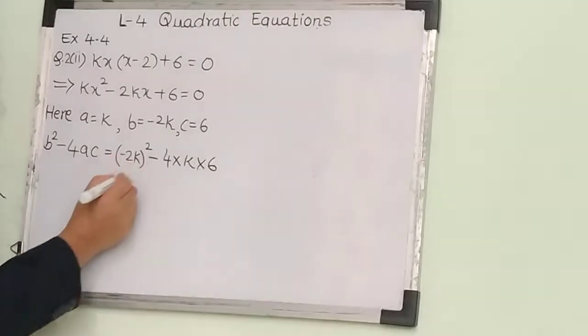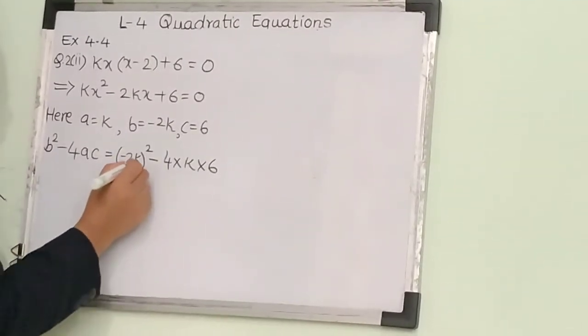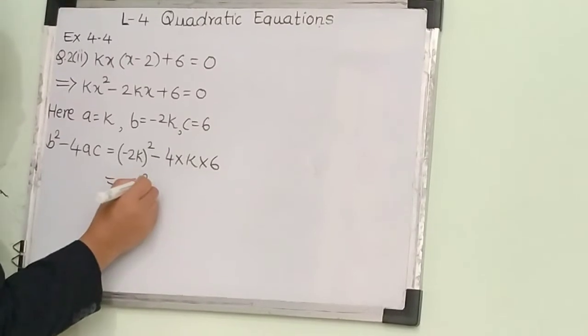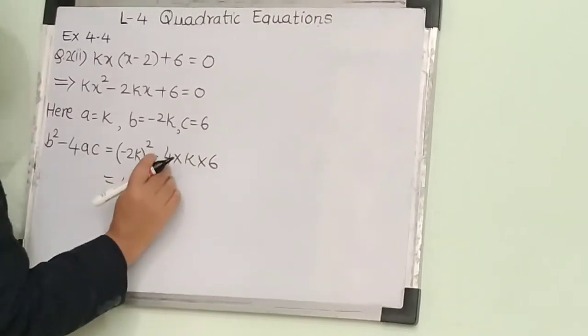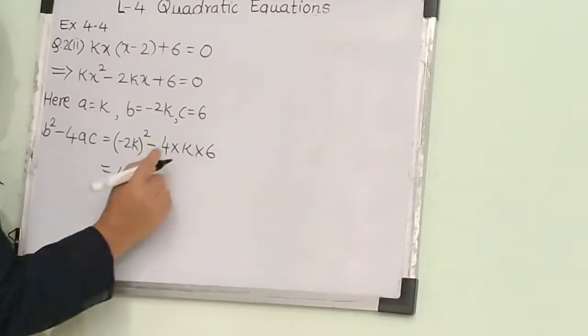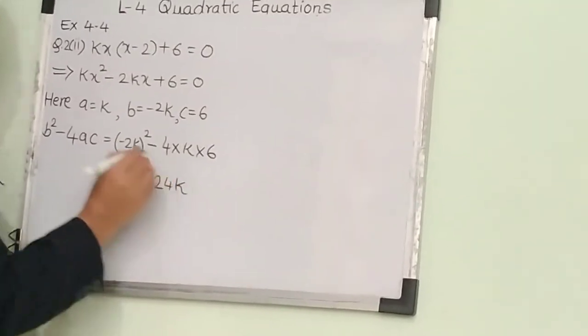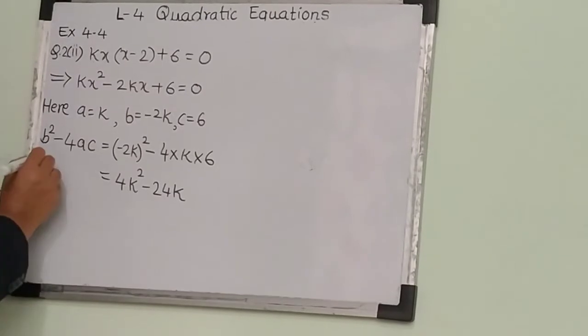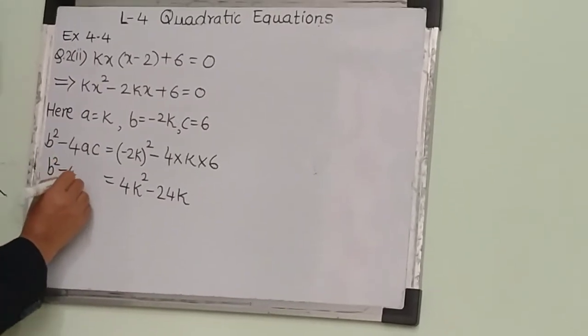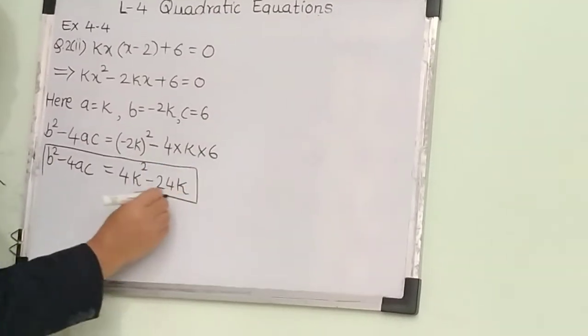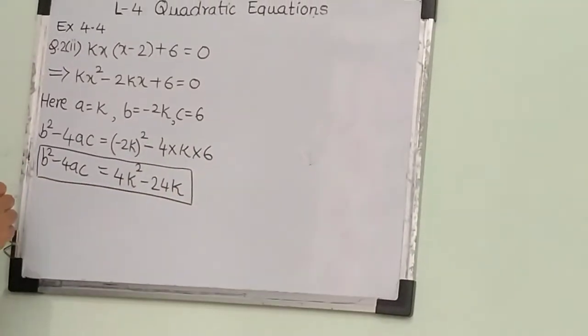Now (minus 2) square is 4 into k square, minus 4 6s are 24k. Now we get the value of b square minus 4ac equals 4k square minus 24k.